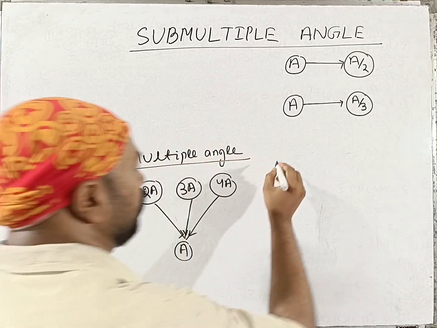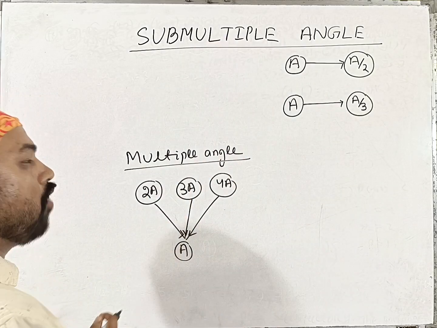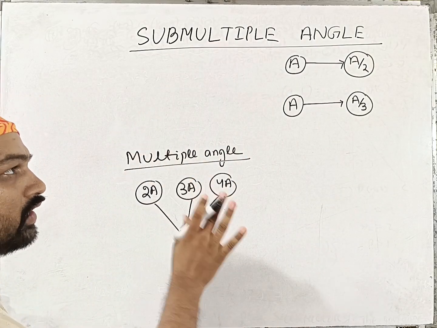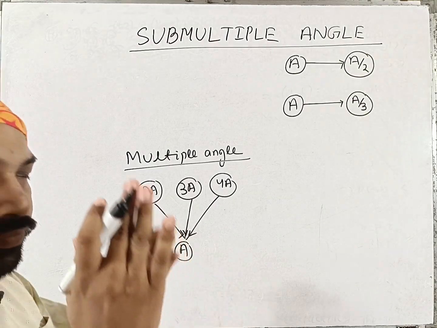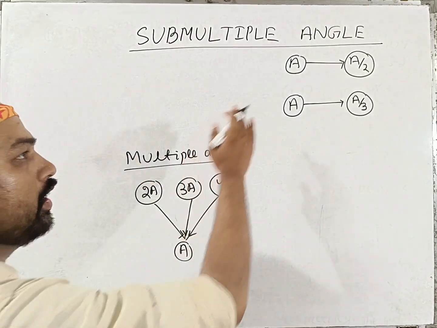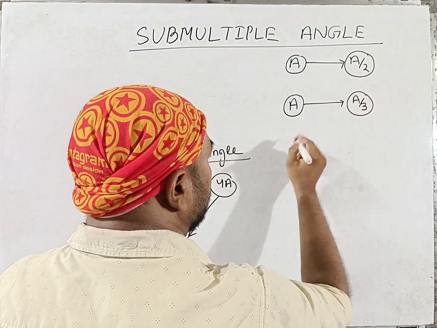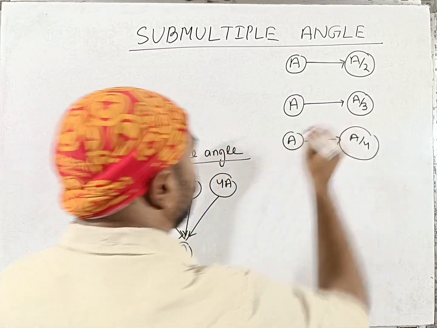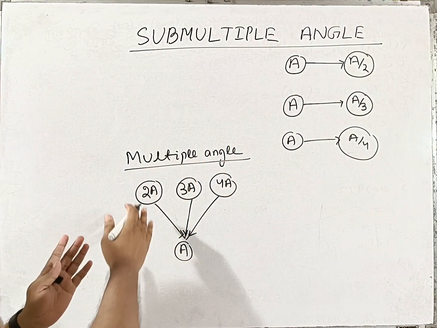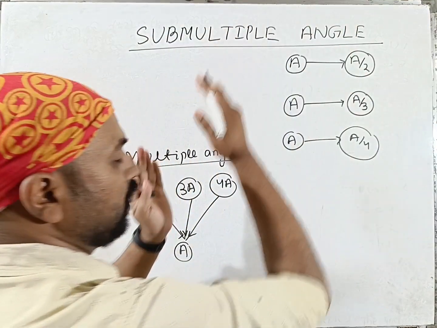And here in the submultiple angle of trigonometry, we are going to discuss how to express the trigonometric ratios of the angle A in terms of A by 2, A by 3, or A by 4. So this is the difference between multiple angle and submultiple angle.